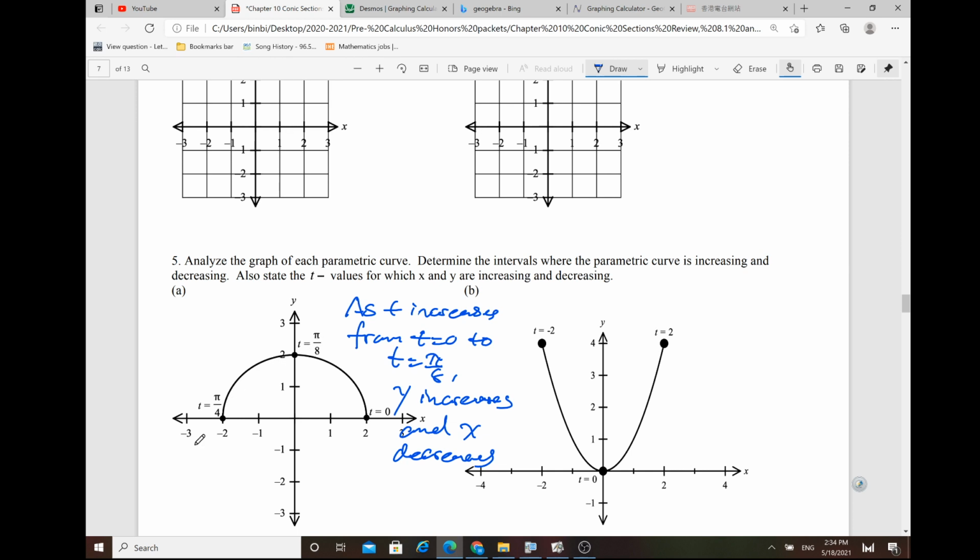It looks like x decreases, and y is also decreasing as well. So as t increases, y depends on from where to where: from negative 2 to 0, y is decreasing, and from 0 to 2, y is increasing. And for x, it's increasing all the way through from negative 2 to 2, because the number is getting bigger and bigger. So it just describes the trend.